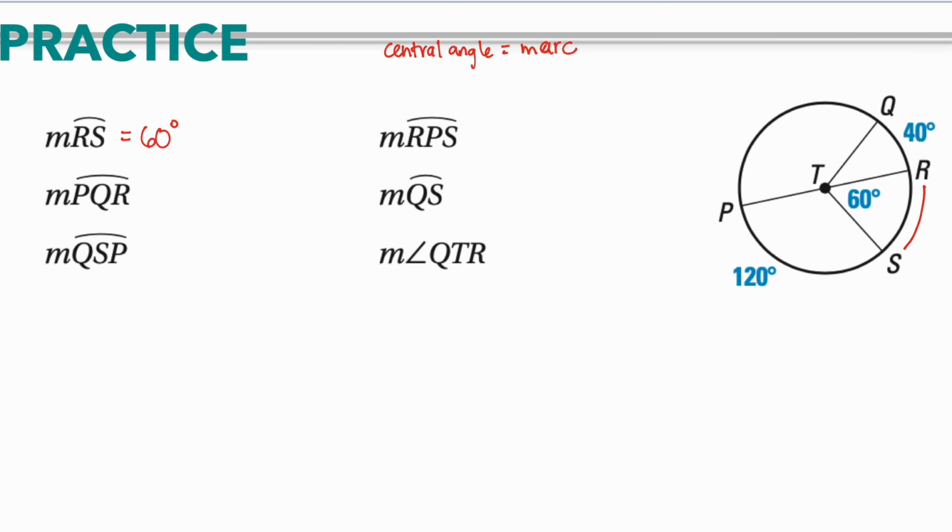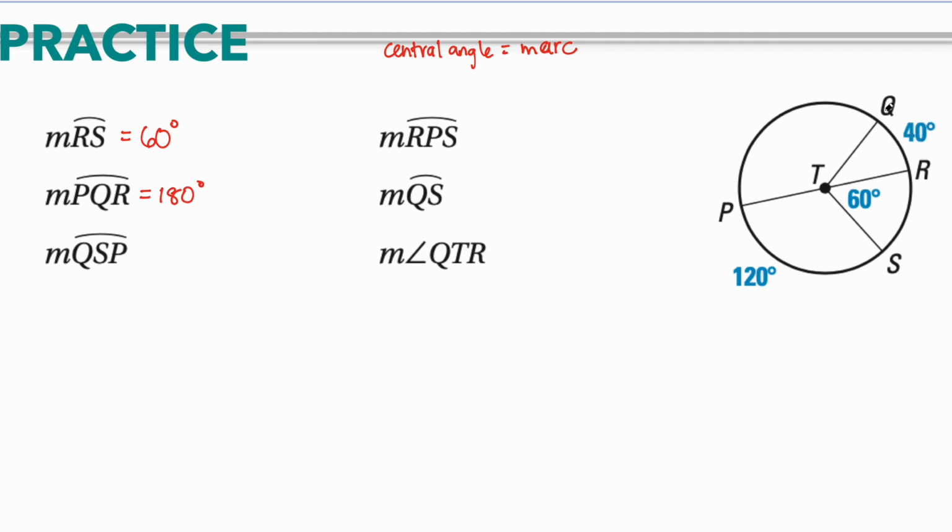So PQR, we're going from P to Q to R. That is going halfway around the circle, so it is automatically going to be 180 degrees. Next, QSP.